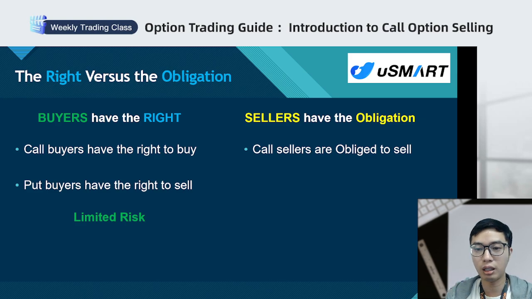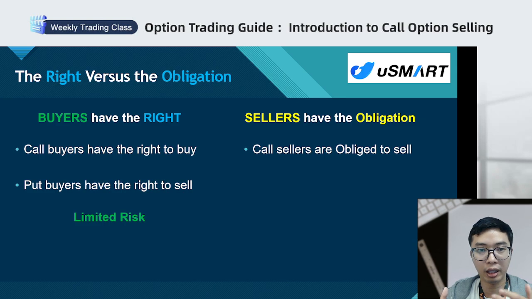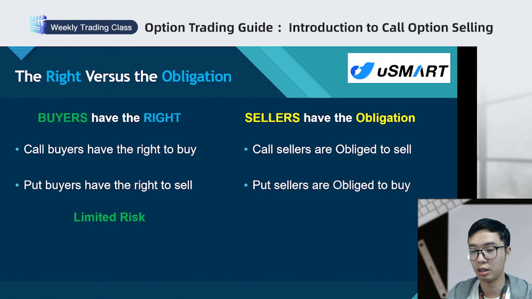But call sellers are obliged to sell. If the call buyers want to buy at the expiry date, the call sellers have to sell it. They can't refuse, they have the obligation. And put sellers have the obligation to buy from the put buyers.